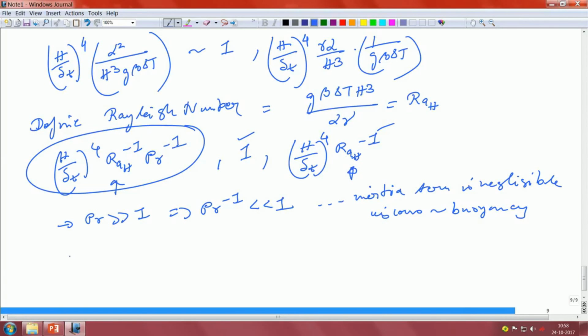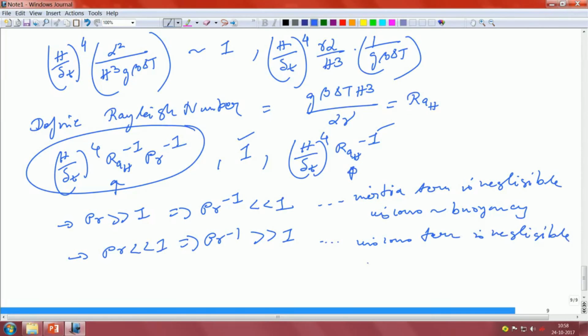However, on the other side, if Prandtl number is much less than 1, implies Prandtl number inverse is much greater than 1. In that particular case, the viscous term is negligible, which would mean that inertia is the same as the buoyancy.